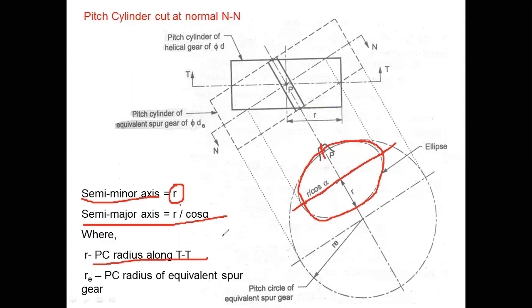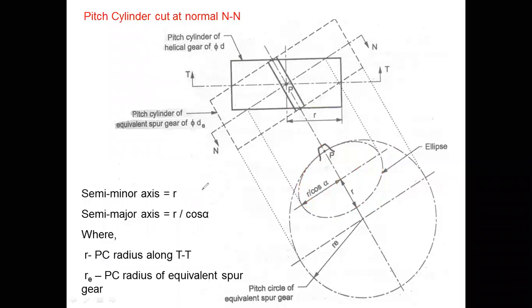R is the pitch circle radius of the helical gear. If we draw a circle or a curve to this ellipse, this circle is the pitch circle of the equivalent spur gear.